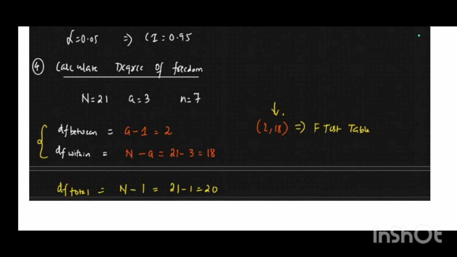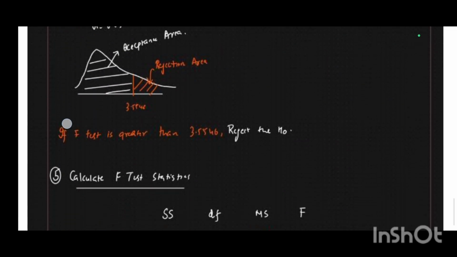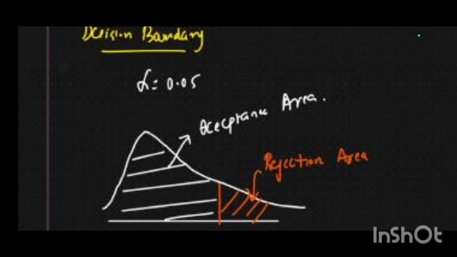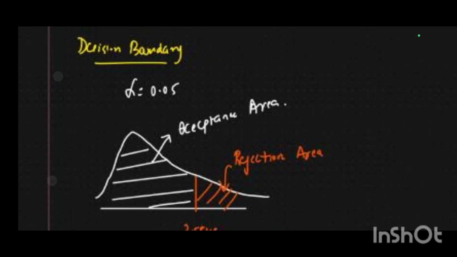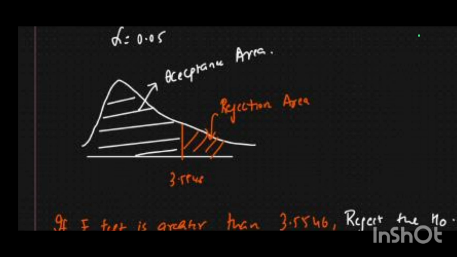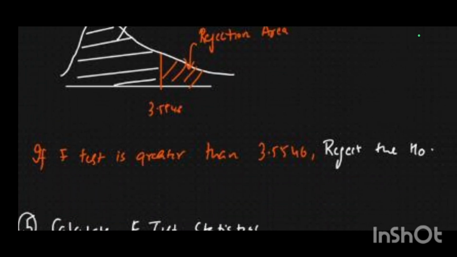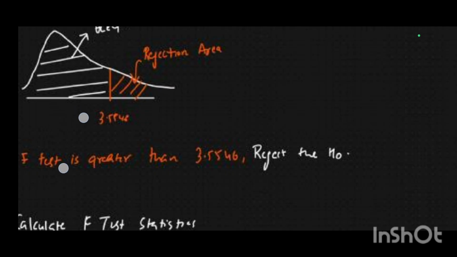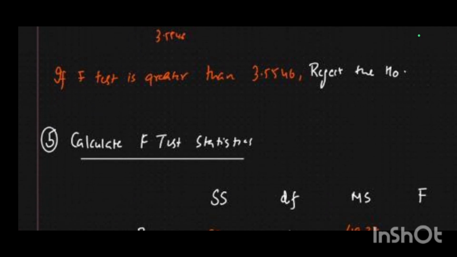So that will be 2 comma 18, and you have to see the F test table. By the decision, you can see the rejected area and the accepted area. If the F test is greater than 3.5546, then reject H0, otherwise you have to accept H0.